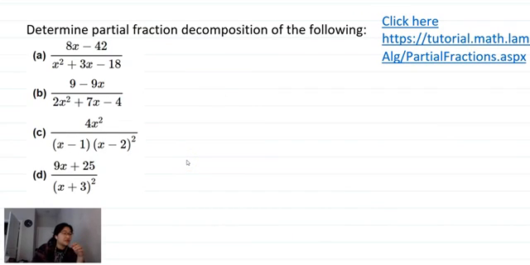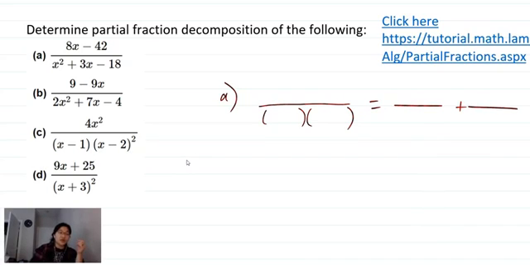So if we're looking at the first one, the goal really is to have our denominator in factored form so that we can rewrite it as one factor in the denominator plus another one of our factors in the denominator.